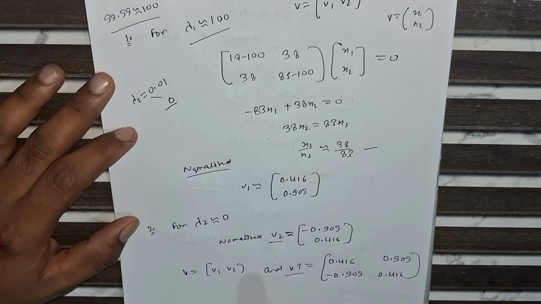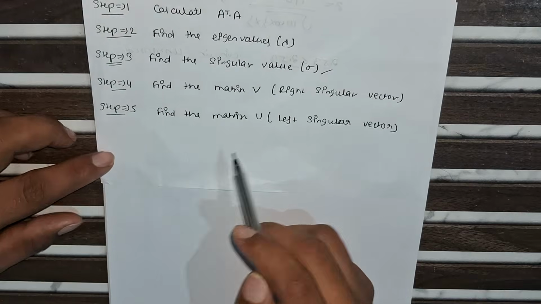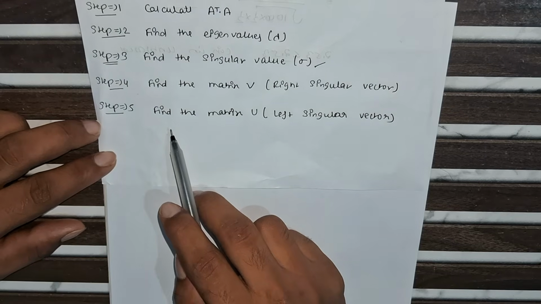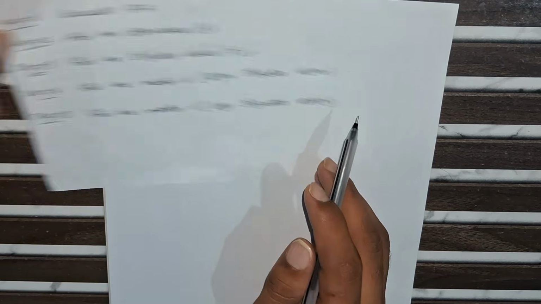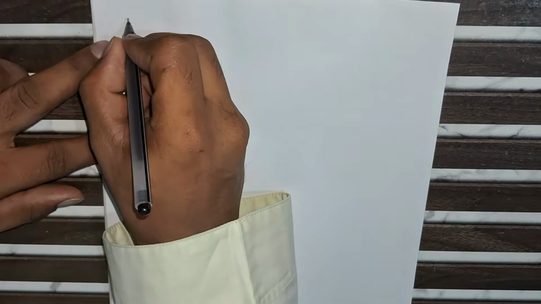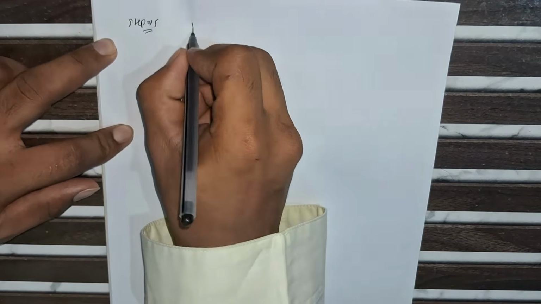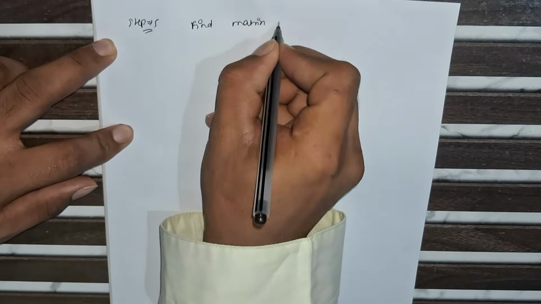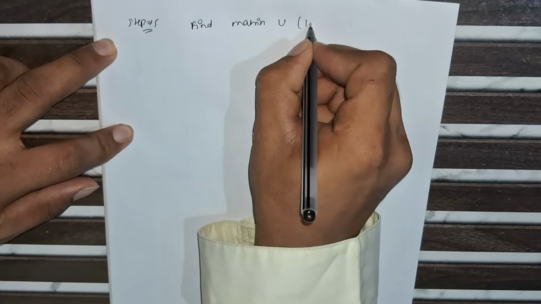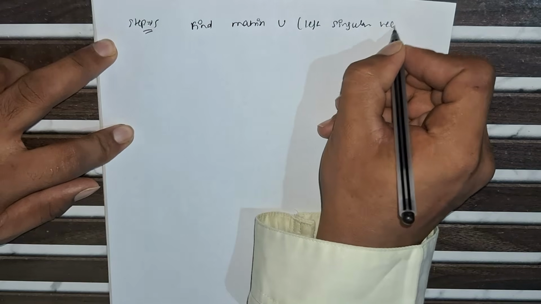Now move to our fifth step where we have to find the matrix U, which is left singular vector. So our last step is step 5, which is find matrix U, which is nothing but left singular vector.